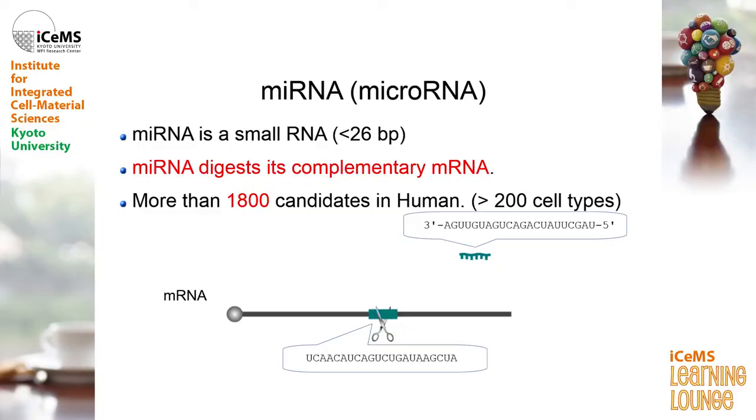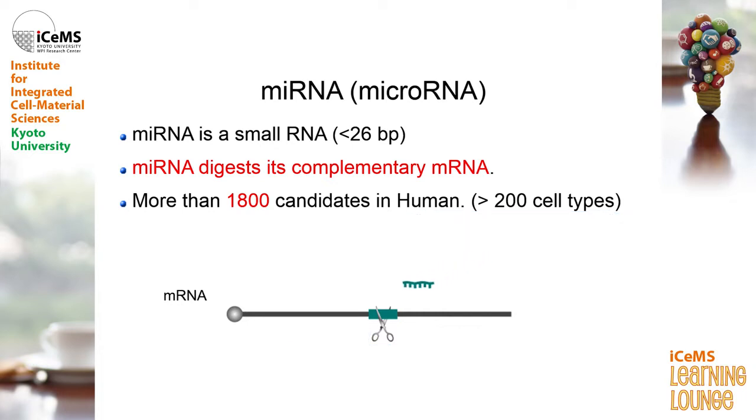And I'd like to introduce another important molecule, microRNA. MicroRNA is one of the RNAs, and microRNA is a small RNA which digests a complementary sequence of messenger RNA. MicroRNA recognizes it by forming double-strand RNA and digests the messenger RNA at that point.